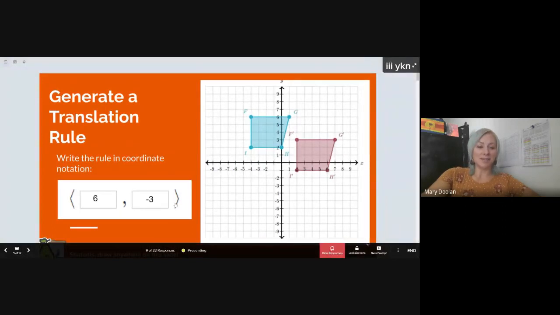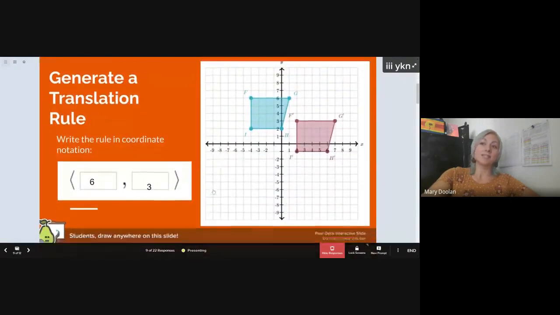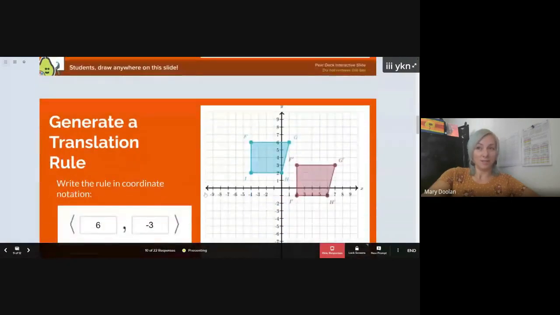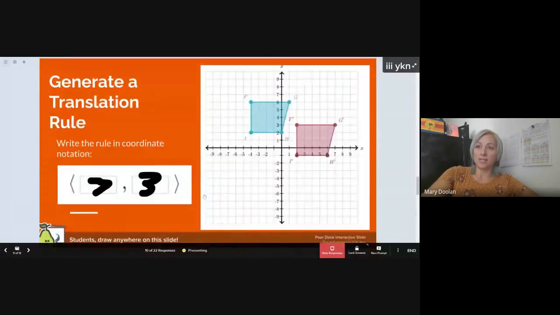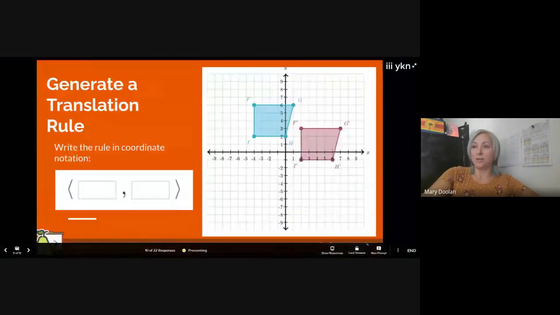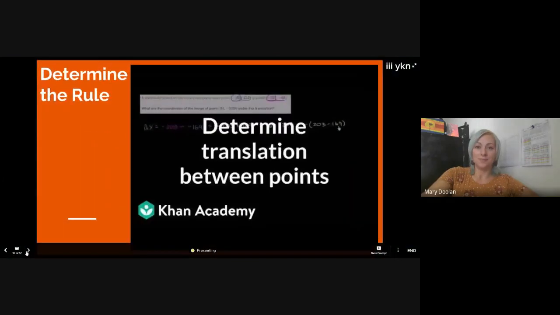Awesome. 6, -3 is absolutely correct. A positive number means you're moving to the right in the x coordinate location, and a negative number in the y-coordinate location means you're moving down. So 6, -3. Okay, so make sure that your 3 is negative, and then that would be correct.